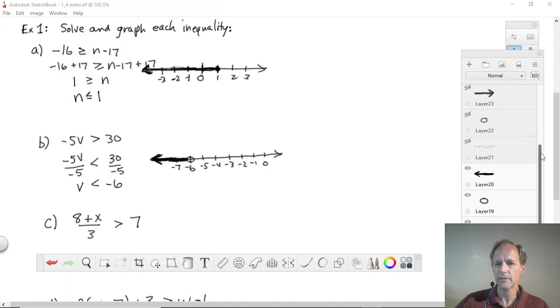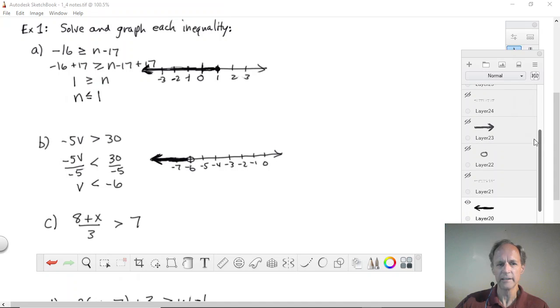Now obviously, there are a lot of solutions to these, and we can't check them all like we could with equations where we might get 1 or 2 solutions. Just to give yourself an idea, am I on the right track? Does it look reasonable? You could pick a number. For example, we could take -7, plug it in for v.